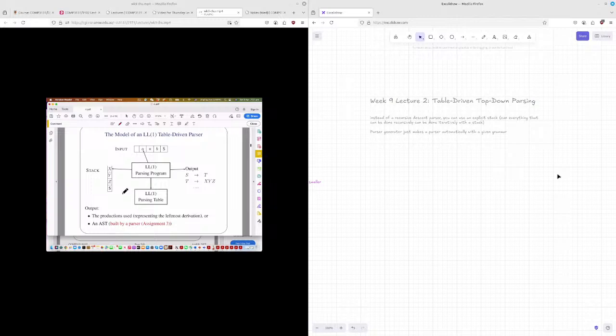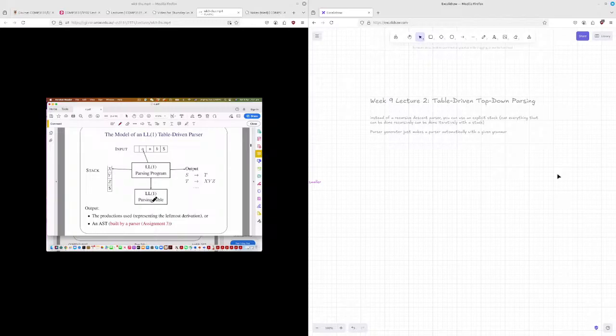So this slide actually shows you how the LL(1) table-driven parser works. On the top, you see the program, which is really just input data. At the moment, we see the input consisting of just A plus B followed by the EOF as the end-of-file marker. You have a stack which keeps track of the symbols, terminals and non-terminals. That's where the driver is.